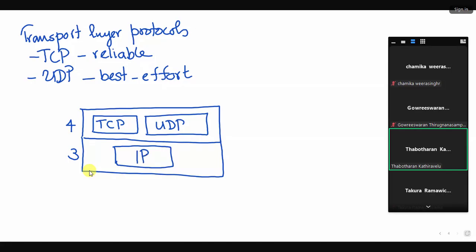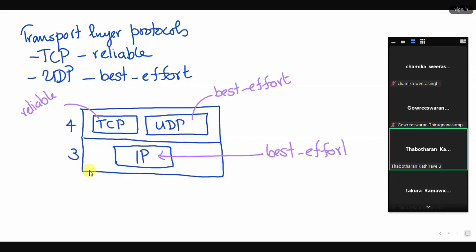One of them is best effort, and the other one is reliable, and they both depend on this best effort and not reliable layer. That you can also keep in mind.